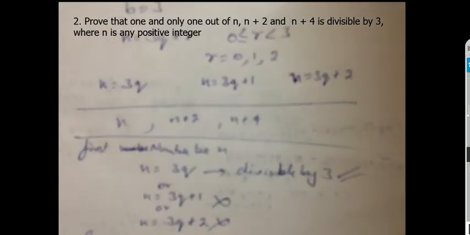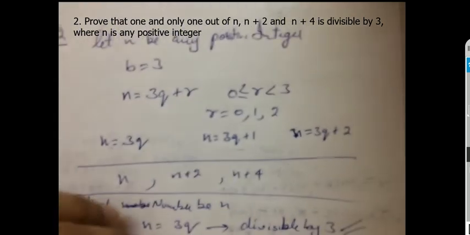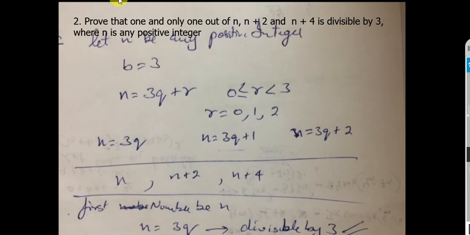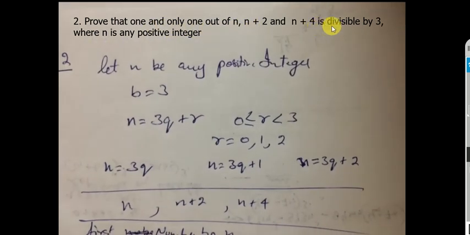This states and proves that one and only one out of n, n plus 2 and n plus 4 is divisible by 3. Every time, exactly one of these three will be divisible by 3 if n is a positive integer. Here we have taken n as a positive integer, and each time either n, n plus 2 or n plus 4 is divisible by 3.